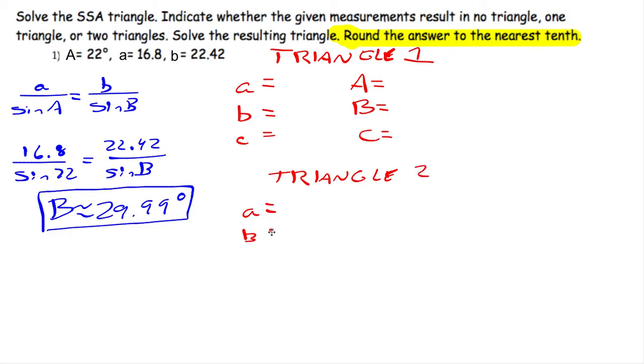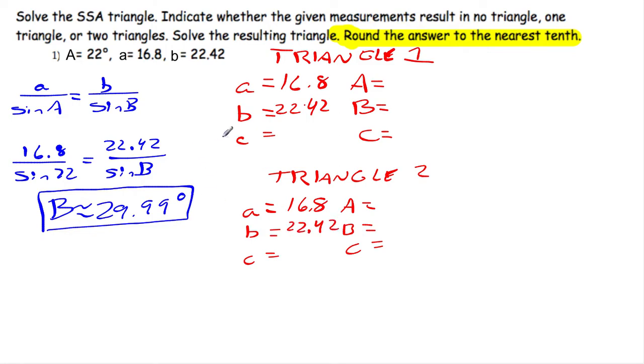So A, B, C, A, B, C. Okay, let's erase this. All right, so I'm given that A is 16.8, B is 22.42. I know that angle A is 22, and I just found that angle B is 29.99. All right. So what could angle C be?